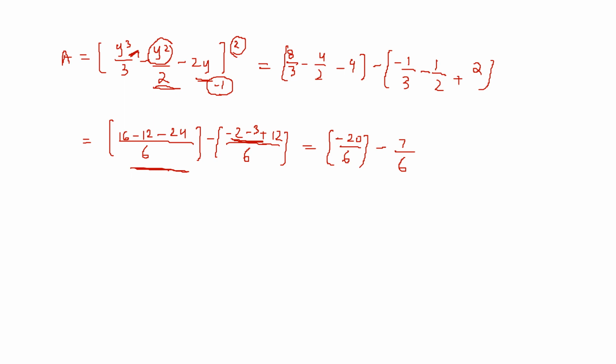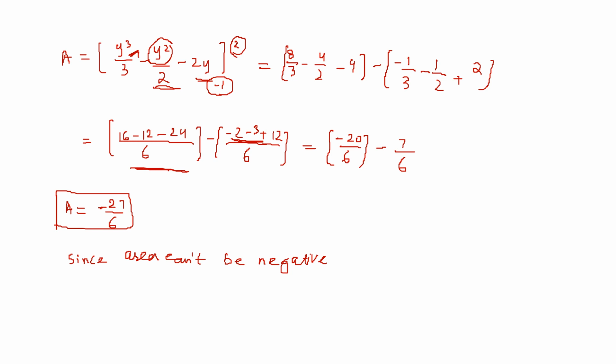So adding these two terms gives area equals minus 20 minus 7 is minus 27 divided by 6. Here we are getting area with a negative sign, but since the area cannot be negative, we'll take the absolute value of this answer, that is absolute of minus 27 divided by 6, and this gives me 27 divided by 6.